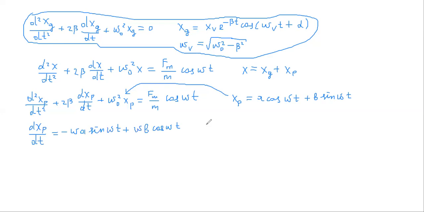Okay, what about the second derivative? The second derivative d squared xp by dt squared is equal to minus omega to the power of 2 a cosine omega t, sorry, minus omega to the power of 2 b sine omega t.